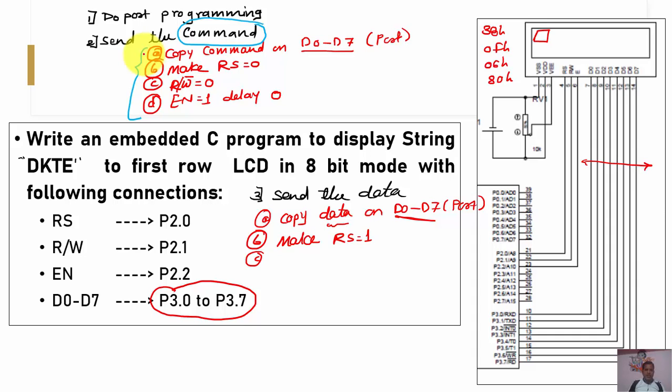Then the rest of the things are as it is. Then again make this R/W bar equal to 0, that is a writing operation, and in order to enable the LCD, make EN pin 1, give some delay and again make it 0, right? So these are the simple steps that we are going to follow in order to interface this LCD with the 8051 microcontroller. So let us cross check this with one simple example.